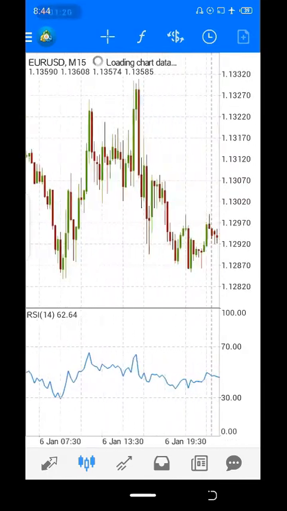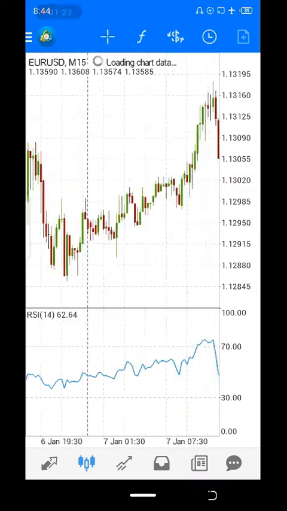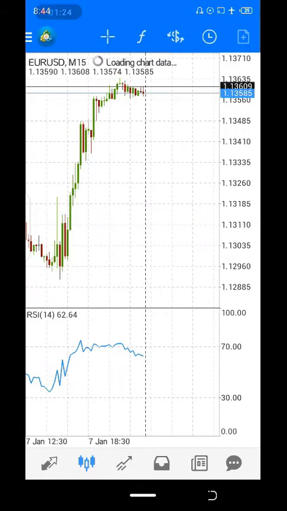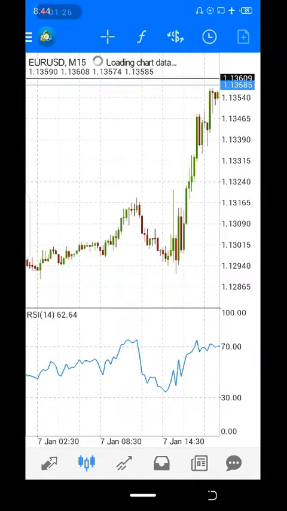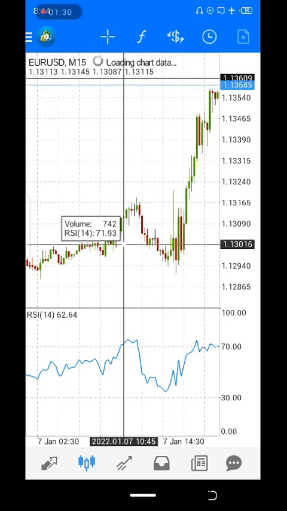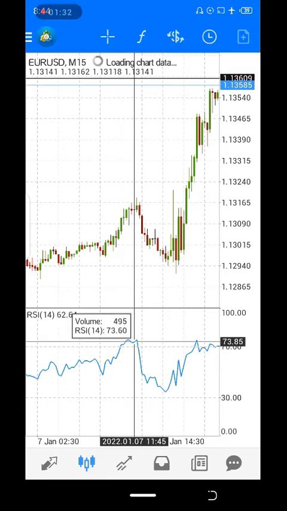Okay, so relative strength index, generally people trade it when the market moves above the 70 level here.